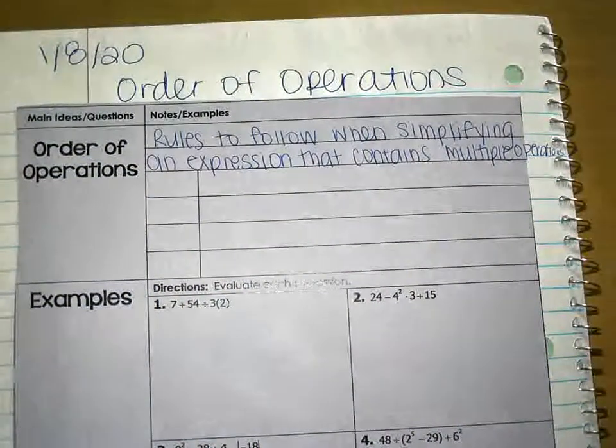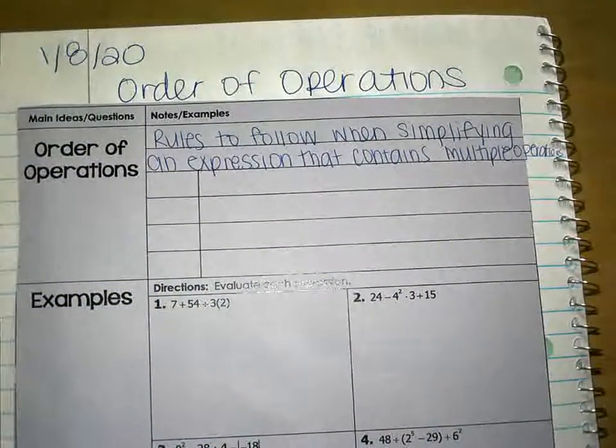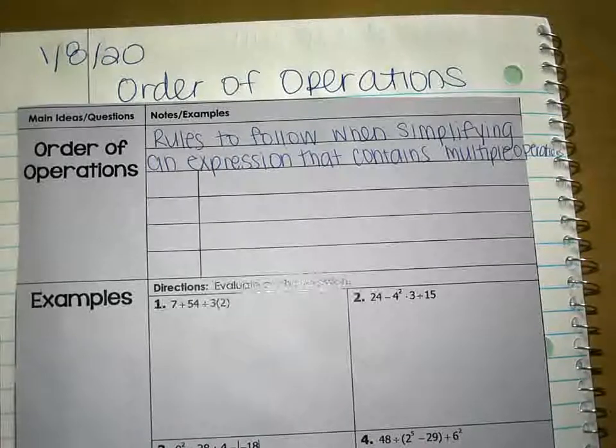So, order of operations is rules to follow when simplifying an expression that contains multiple operations.